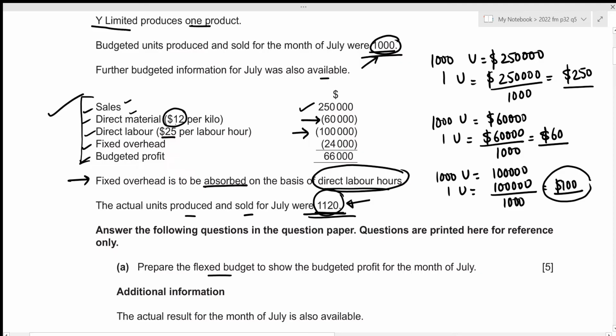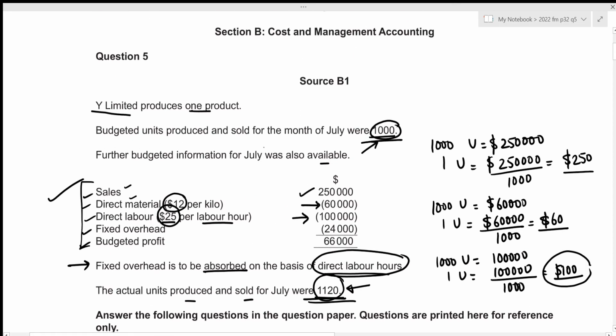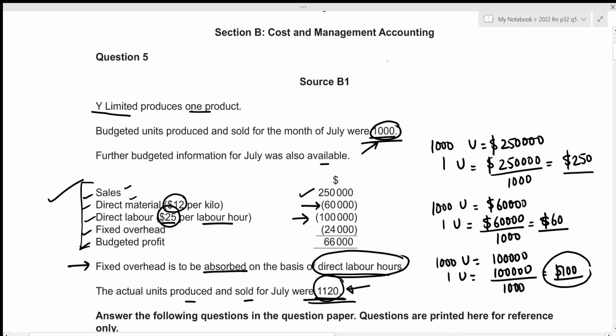And we're also told that 25 per labor hour is our standard cost, which means that the total cost per unit is just 25 times direct labor hour per unit, and this is 100. So now we can easily figure out the direct labor hours required per unit.